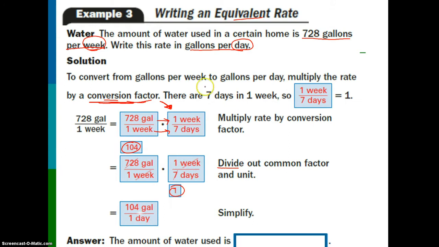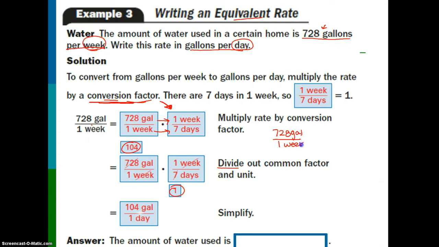Now let me back up and reiterate what I did in this problem. I took my rate. Here's my rate, 728 gallons per week. And I multiply it. You have to multiply it. In your book or in your worksheets, they may actually set up the problem like this.